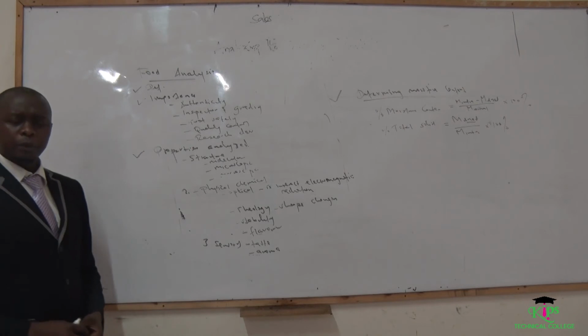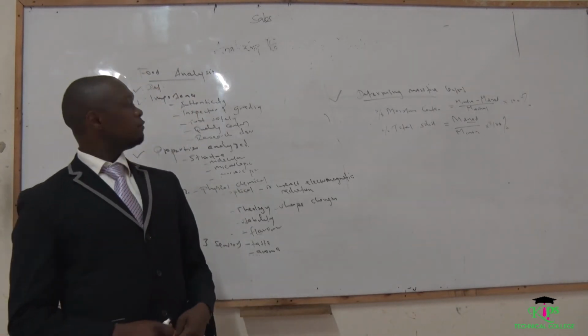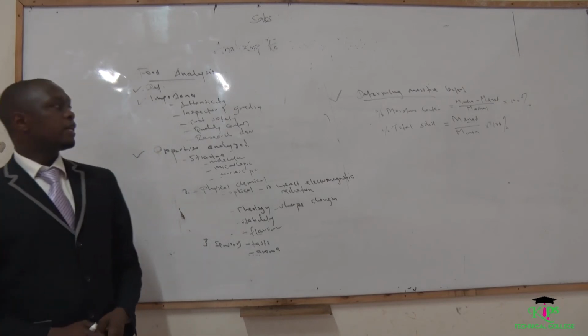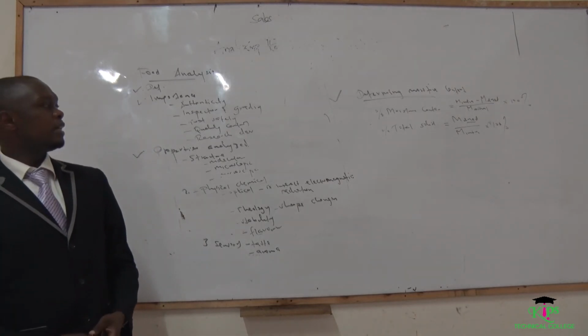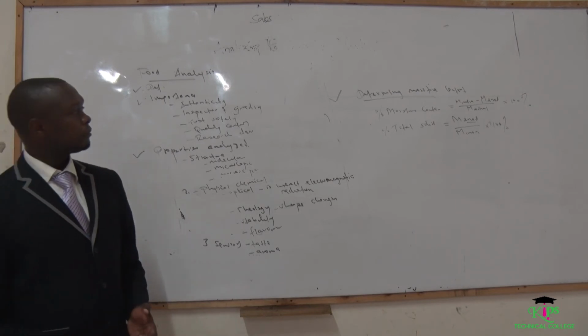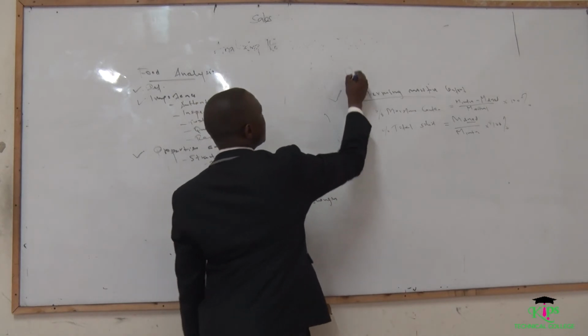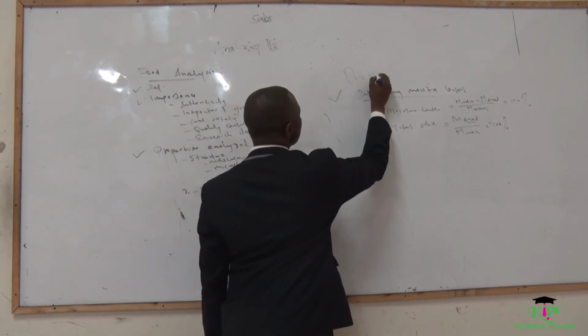Now back to where we were last semester, because we are proceeding from last semester. We are looking at various ways we can analyze the food. We are calling them proximate analysis.